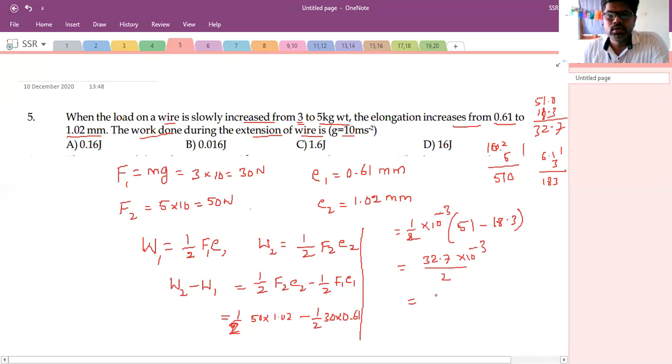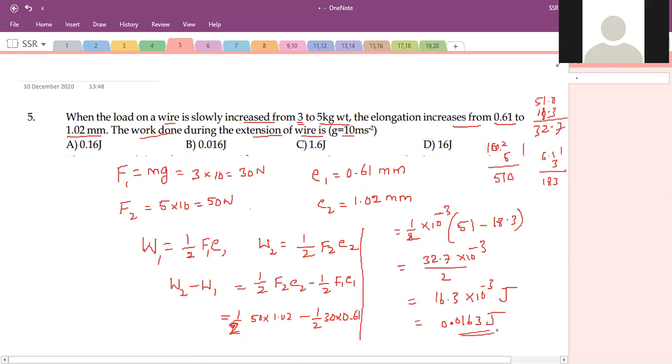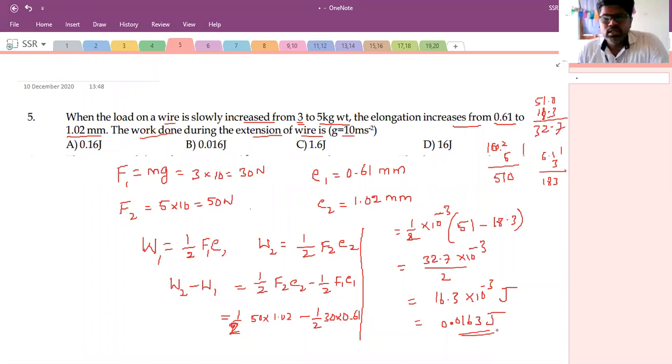So that is equal to 16.3 roughly, or 16.4 approximately, into 10 power of minus 3 joules. That is the difference in energy in joules. Then what is the value? 0.0163 joules, so 0.016.